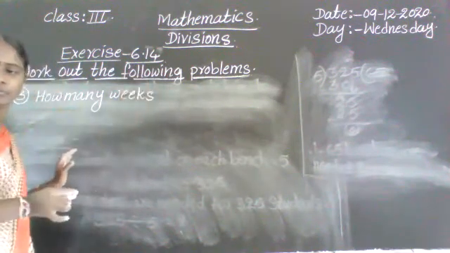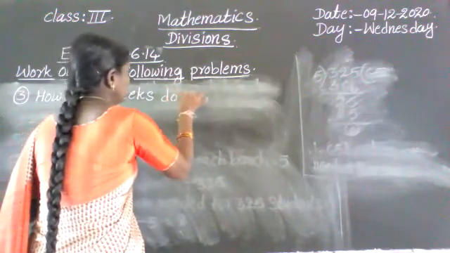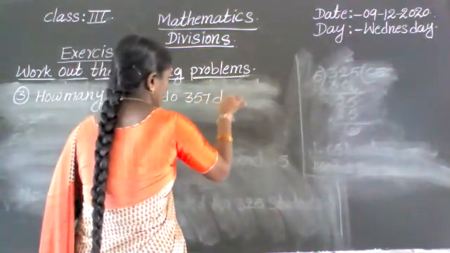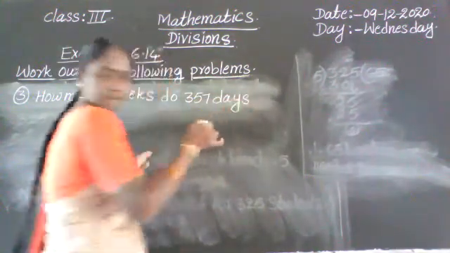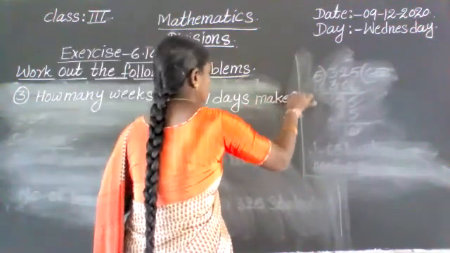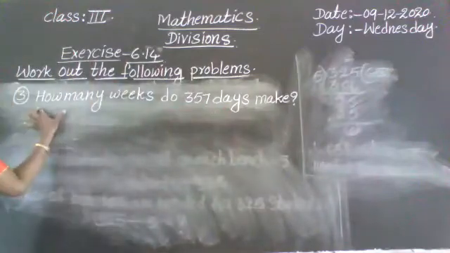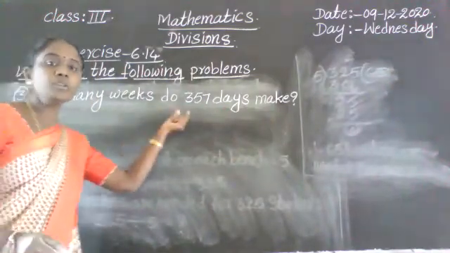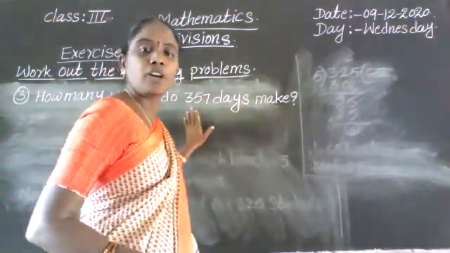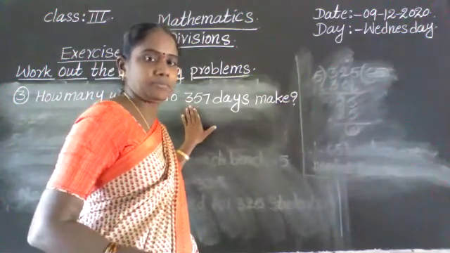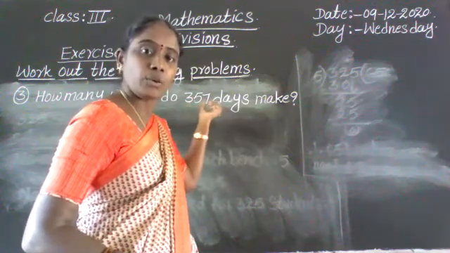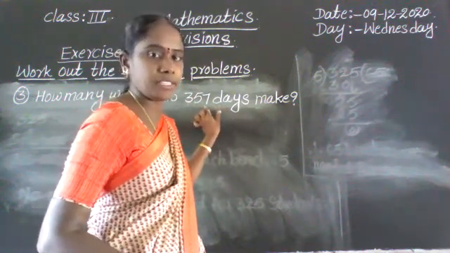First, what is 357? The number of days. Yes, total number of days is 357.